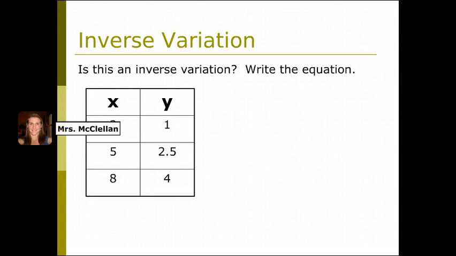In our second example with a table, we need to do the same exact thing, x times y. Well, 2 times 1 gives me 2. 5 times 2.5 gives me 12.5. And then 8 times 4 gives me 32.